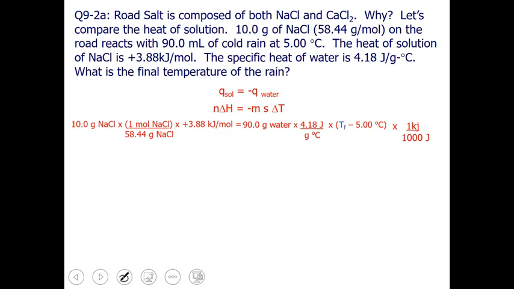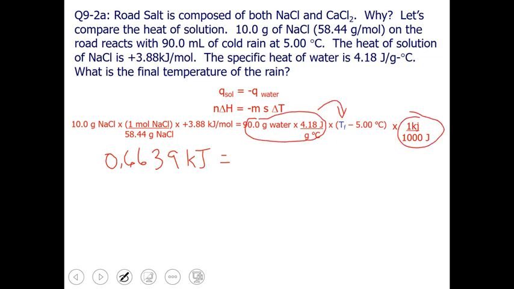When I multiply through the left side, I get 0.6639 kilojoules. The right side, I'm going to have to take these, multiply them, and distribute the values into both T_f and the minus 5 degrees Celsius.